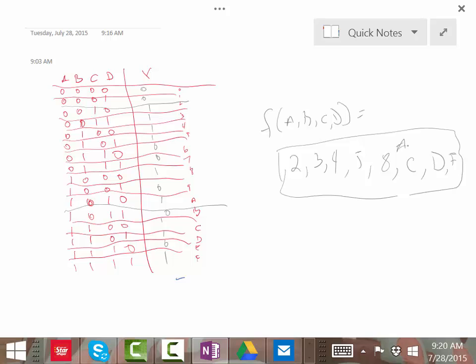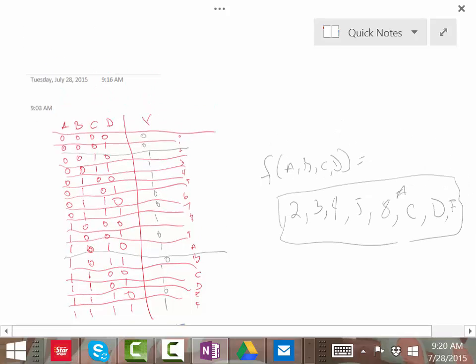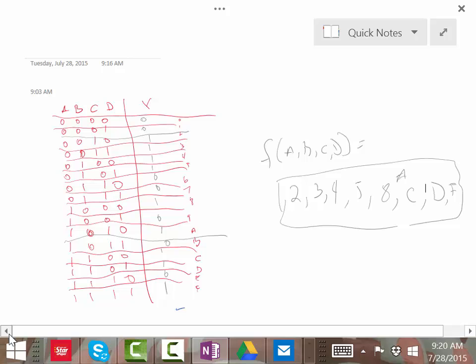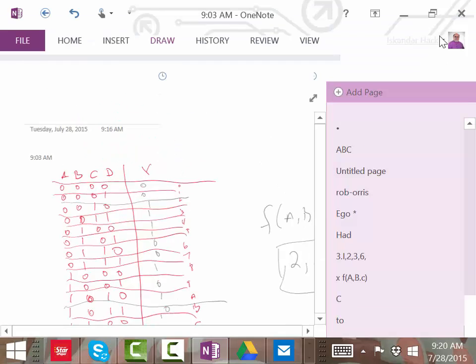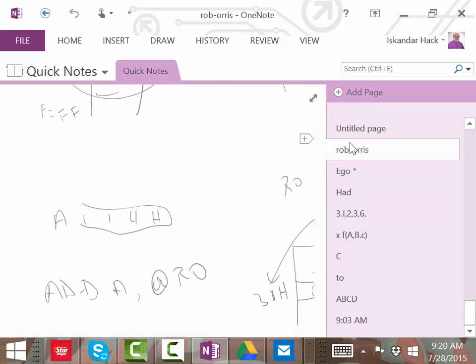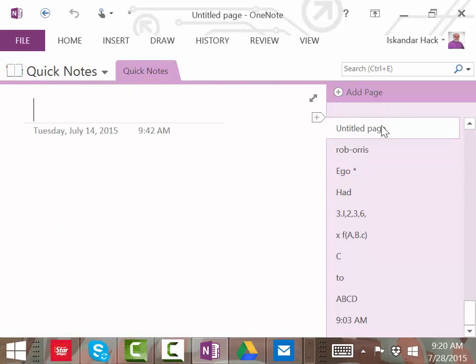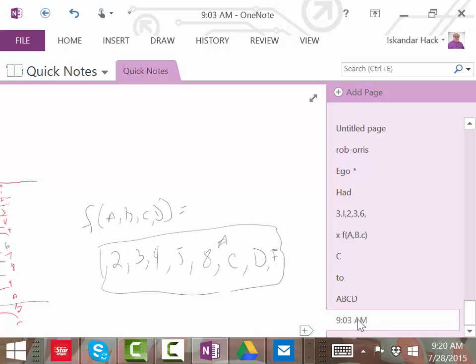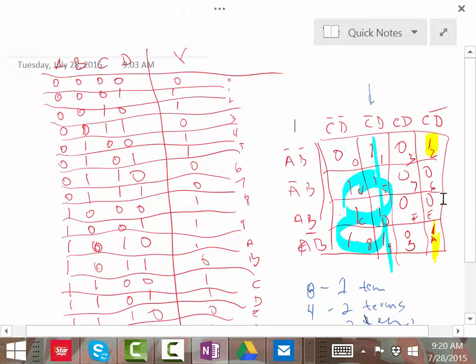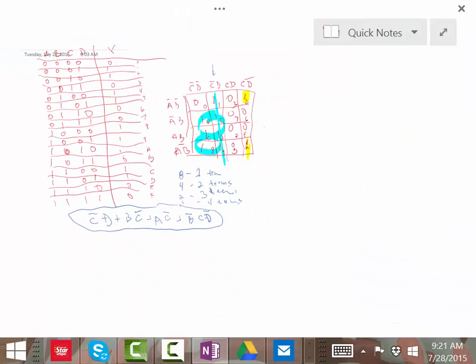So, everybody, go back and look at the previous example right there. In other words, this is the example you want to look at on how I did that.